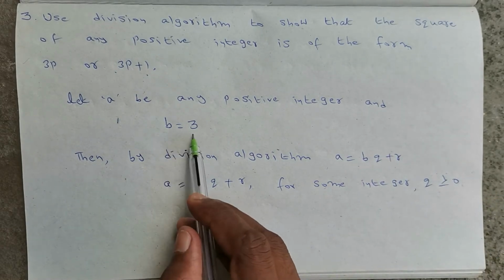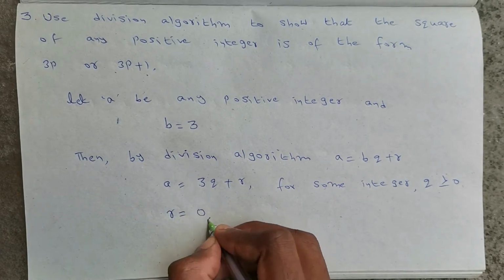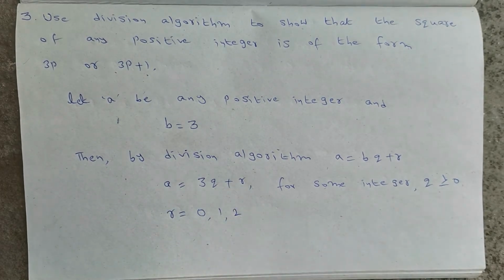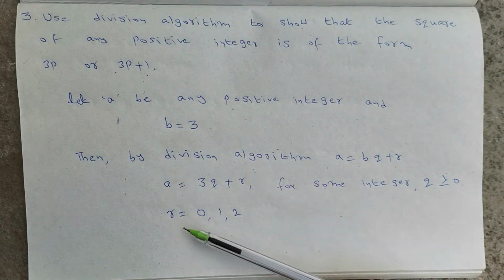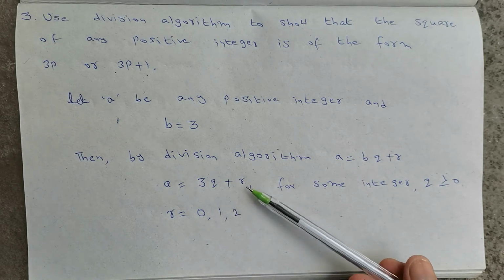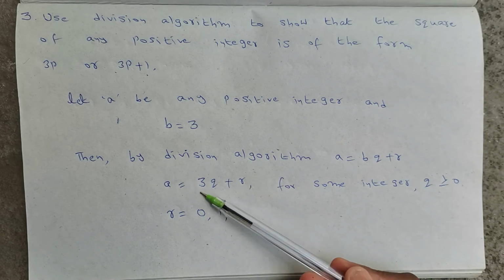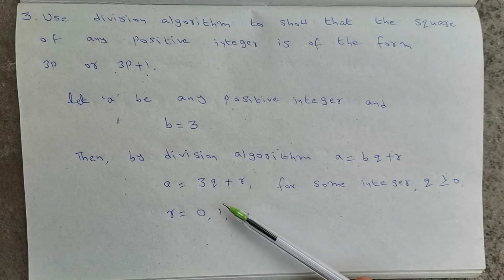Here the B value is 3. Then what are the possible remainders? 0, 1, 2. If the B value is 3, the possible remainders will be less than 3, that is 0, 1 and 2. So one by one I will substitute the remainder in the place of R: 3Q plus 0, 3Q plus 1, 3Q plus 2.